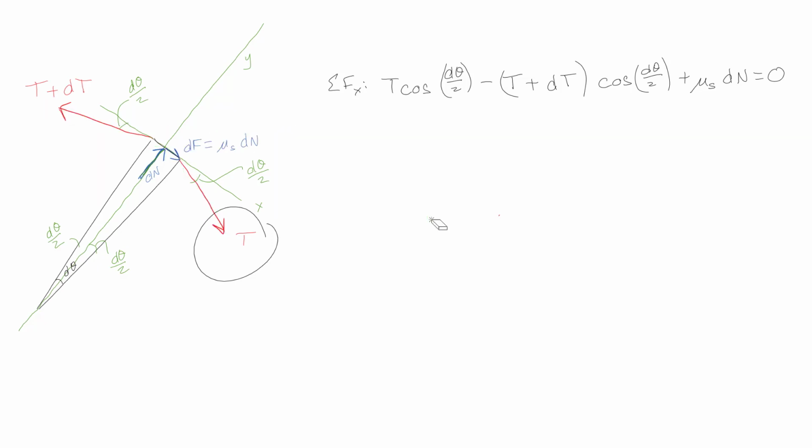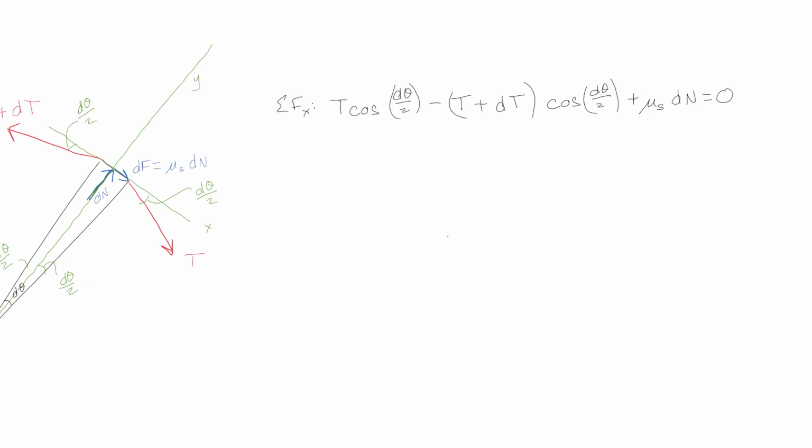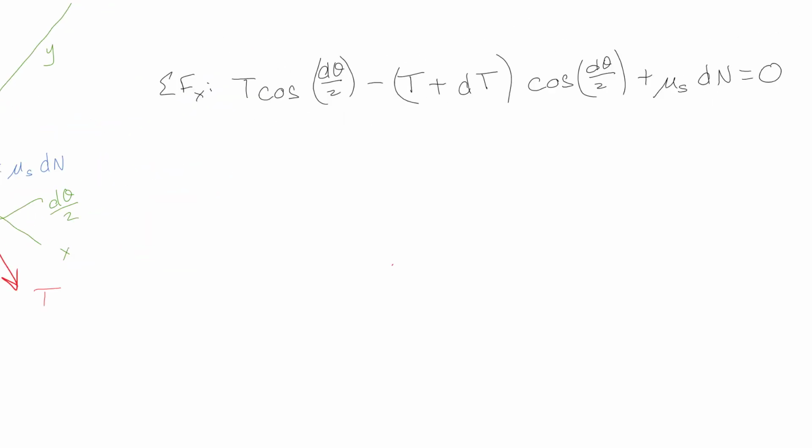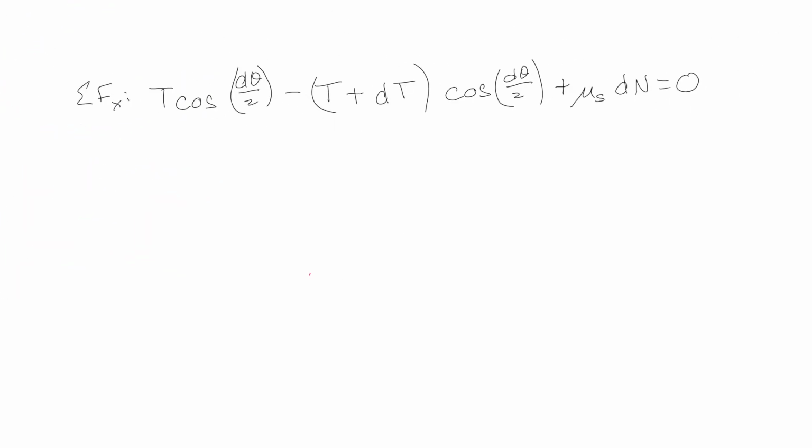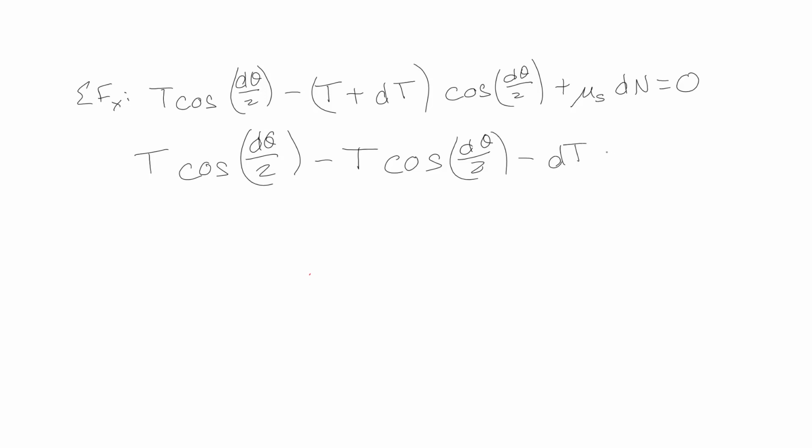Okay, so let's see what we can get if we make this pretty. I can distribute stuff, and I've got t cosine d theta over 2 minus, distributing that, t cosine d theta over 2, and then minus dt cosine d theta over 2.